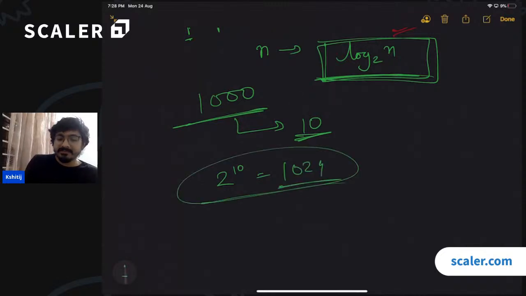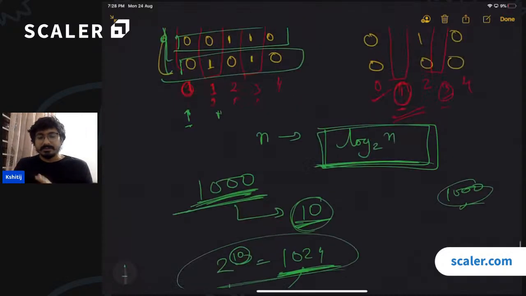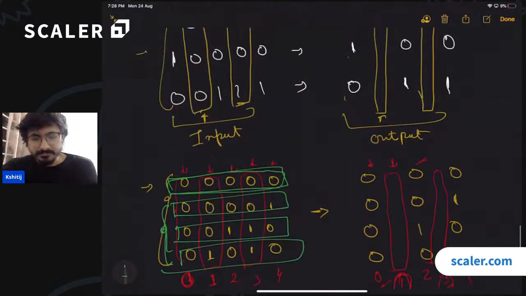So any number less than or equal to 1024 can be represented in 10 bits. So if you have 1,000 slaves, you can find the faulty slaves using only 10 queries. In the initial approach, you were doing 1,000 queries, right? Okay. So does this make sense to everyone?